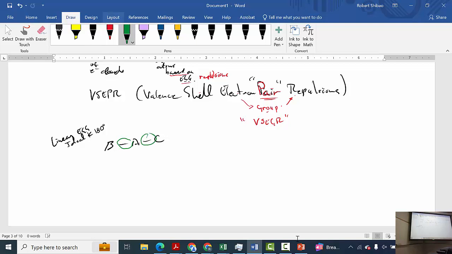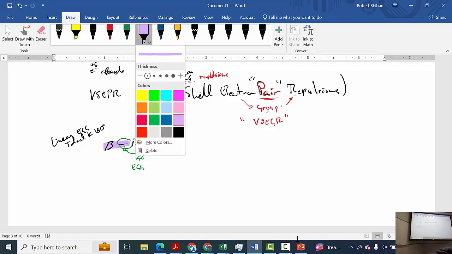These could be all the same. It doesn't really matter. It could be AAA, or it could be BAB, or CAC, whatever. But this is going to adopt a 180-degree angle. This is the EGG.